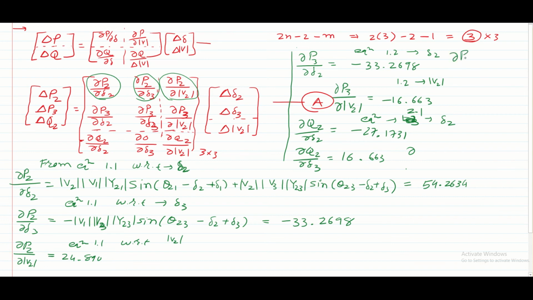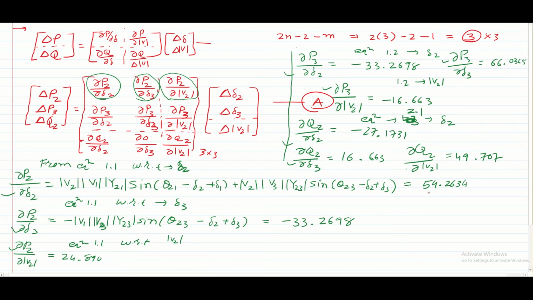Yes, we'll write over here P3 with delta 3, it is 66.0365, and the last one is delta Q2 by delta V2, which is 49.707. So this is your final value for all the parameters.